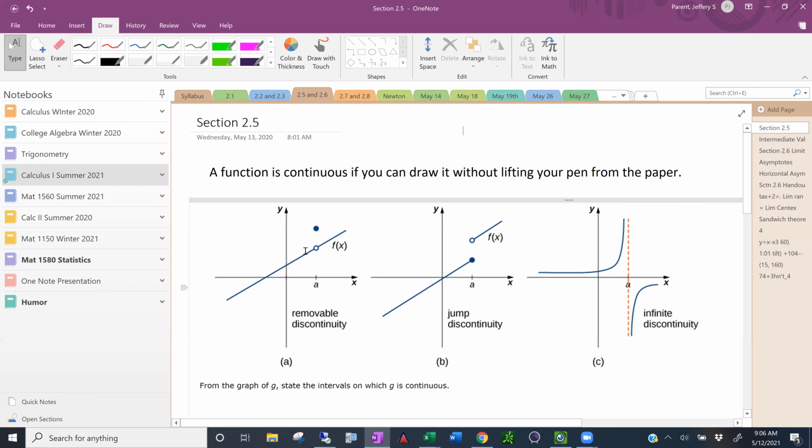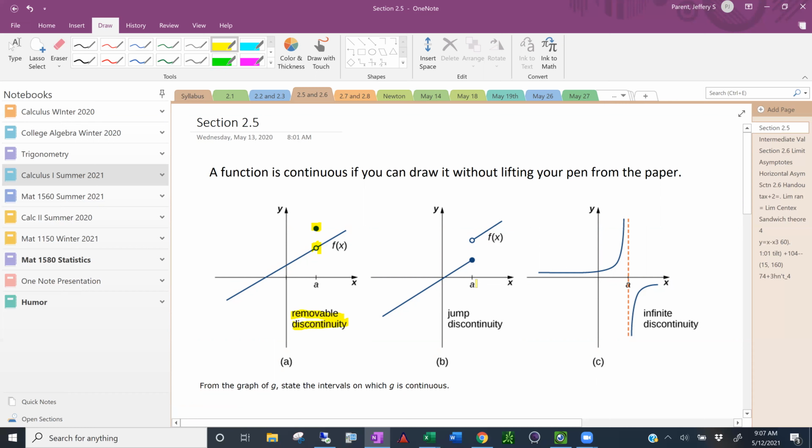That's this one over here on the left, graph A. There's a little hole in the graph, and instead of the function being defined at that point, it's defined at some other point away from the rest of the function. It's removable in the sense that you could plug that hole. If you redefined the function at that point, then it'd be a continuous function. If I took this point and moved it down to here, I could fill in that hole and it'd be a nice continuous function. I could draw it without lifting my pen from the paper. So that's a removable discontinuity.